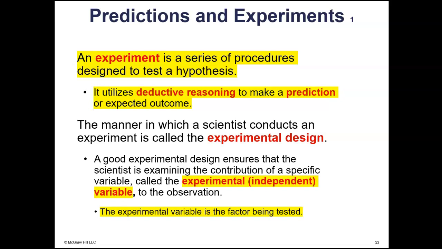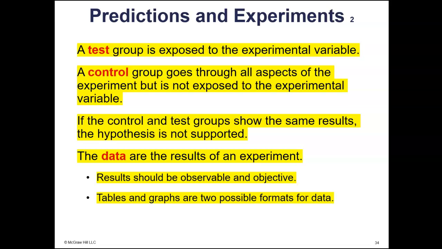You always want to make sure your experiment is controlled. In the experiment, you have the independent variable, which is the variable that you are testing. And then you're going to have at least one test group, which is exposed to that independent or experimental variable. Then a control group that goes through all aspects of the experiment, but is not exposed to the independent or experimental variable.